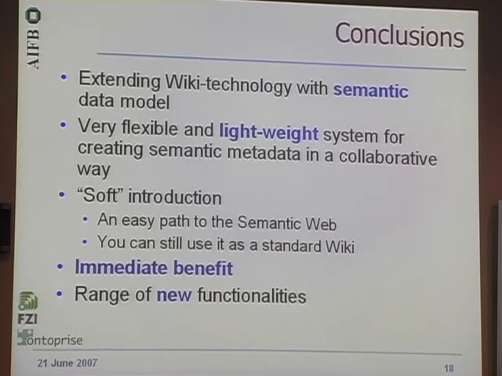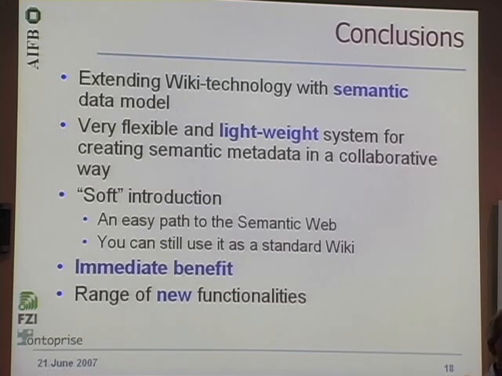So from our point of view, that is one way of really taking an environment that a lot of people are familiar with, enhancing it with small semantic ingredients, but having then an immediate payoff by getting these kinds of additional benefits more or less for free in the end. And I think it's very important that you really show that people get immediate benefit.